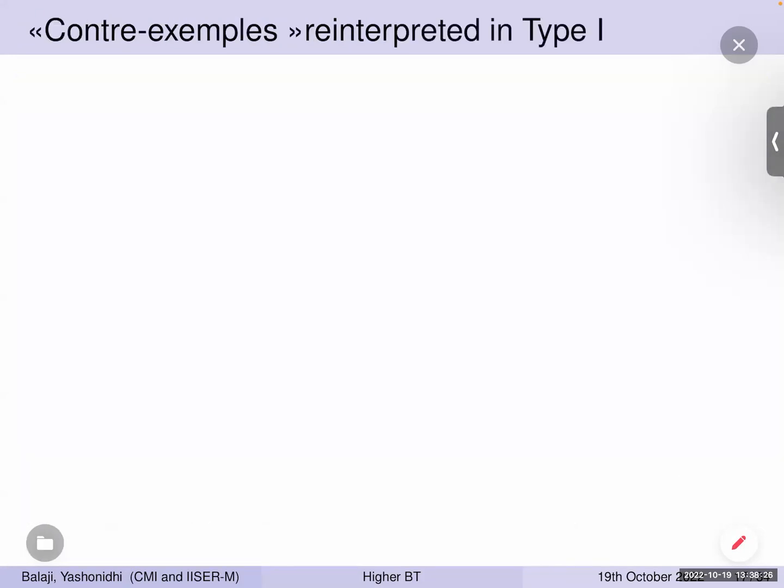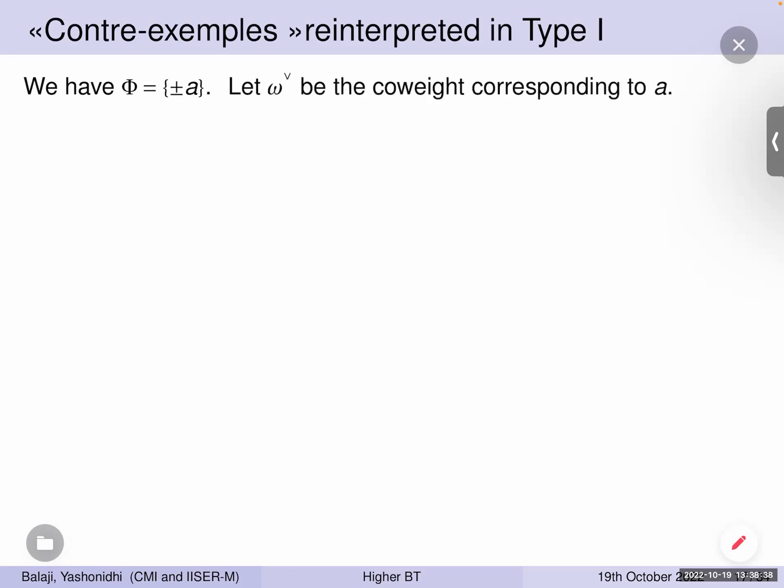Now I wish to reinterpret the counterexamples of Bruhat-Tits in terms of our types. The root system is plus-minus a, and let omega-check be the coweight corresponding to a. This slide is mostly elementary. We set theta_0 as omega-check by 2 and theta_1 as its negative.